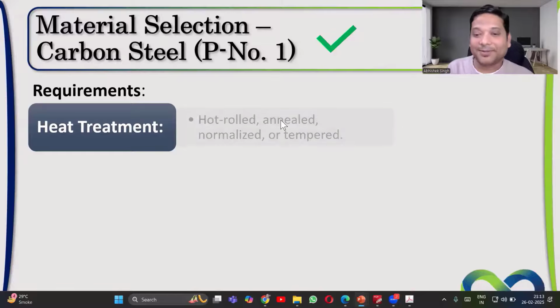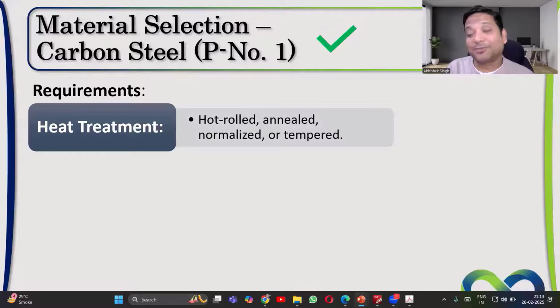Normalizing. Absolutely fine. First of all, the material has to be hot rolled. You cannot have flat rolled material. So either you do annealing or you do normalizing. Any of that heat treatment will be required.